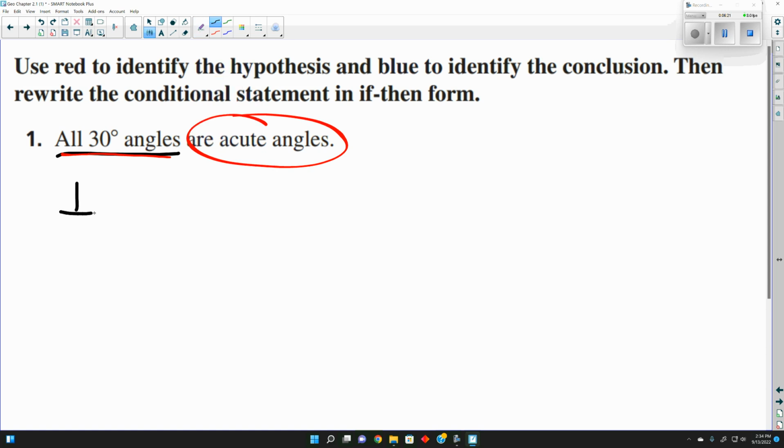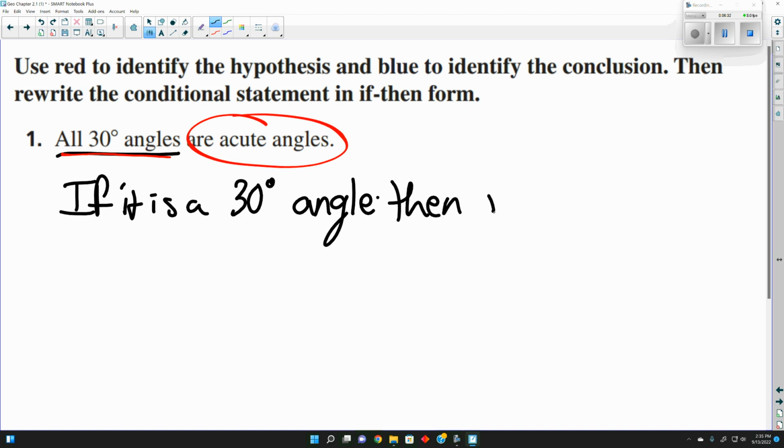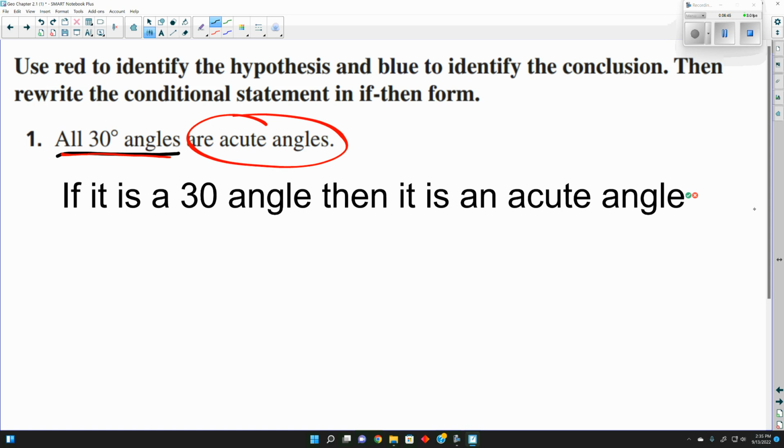So if it is a 30-degree angle, then it is an acute angle. And that's it. Questions on this here? Are you ready for the next one? Yes?